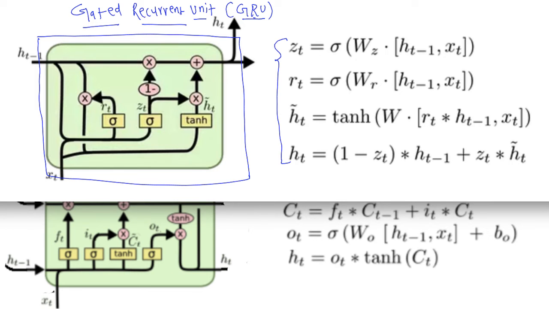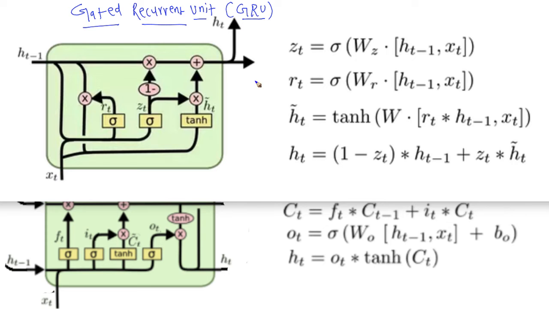In case of GRU, if you look, we have only 2 inputs here. This is the first input, that is the ht minus 1 coming from the previous time step, and this is the xt, which is input to this time step, this unit.